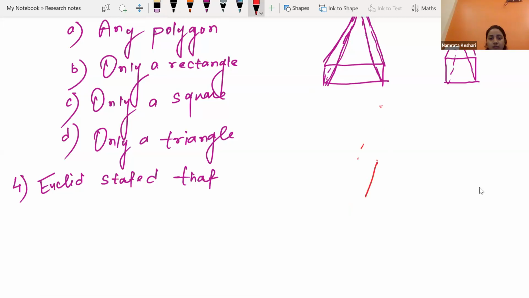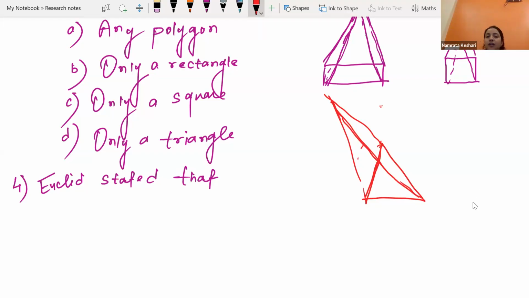Okay, ma'am. So you can see this is a pyramid, right? Yes, ma'am. The base can be any polygon: rectangle, square, triangle, quadrilateral, pentagon, hexagon, anything.